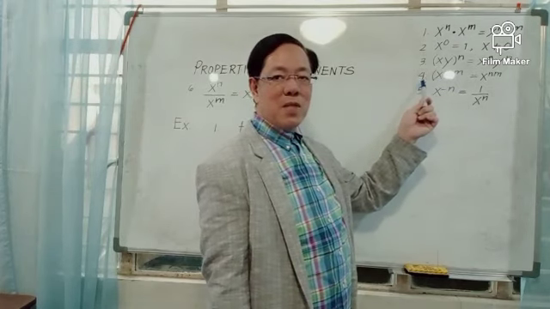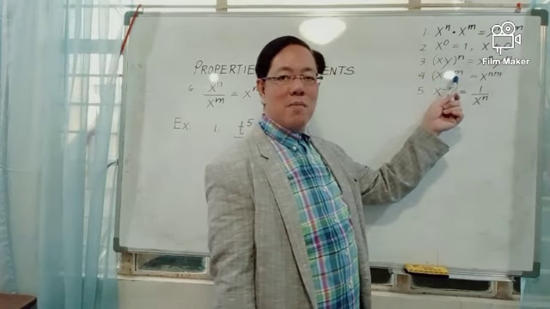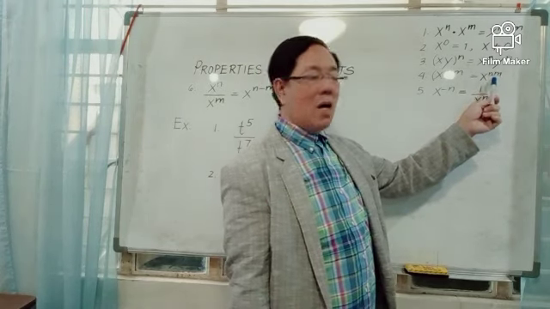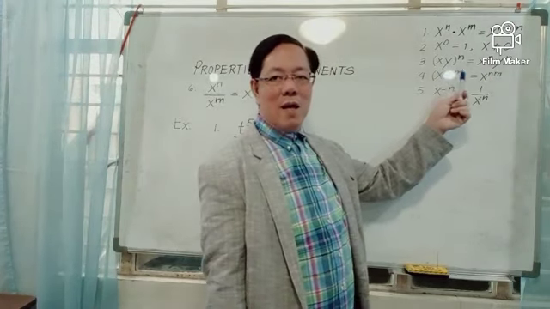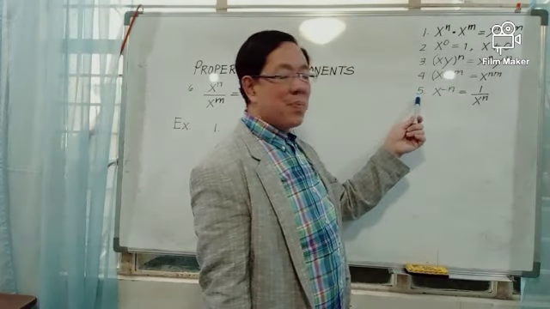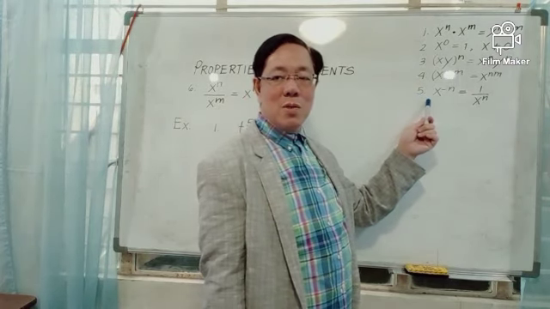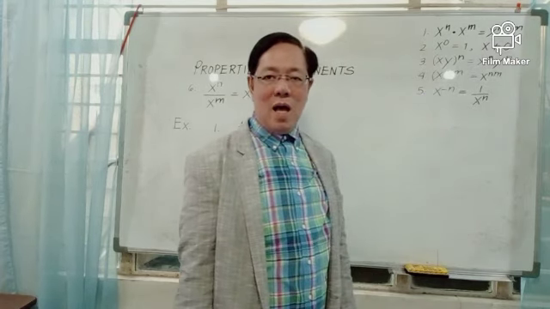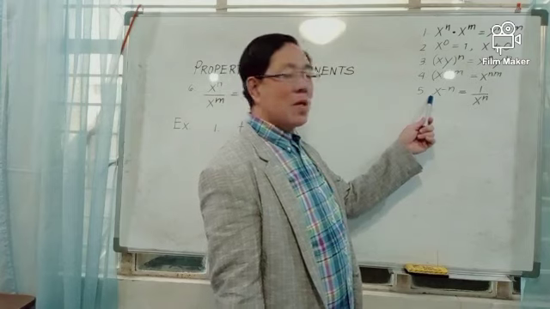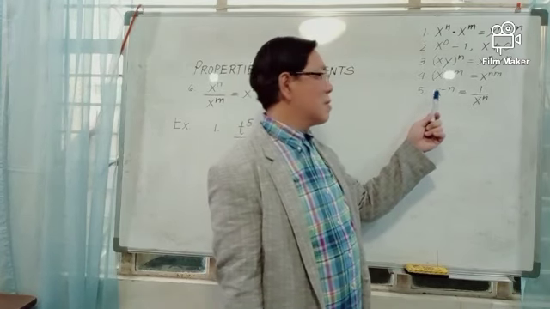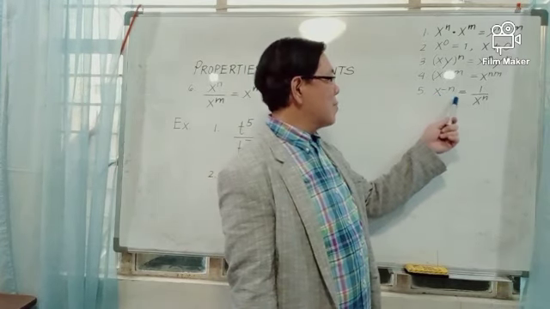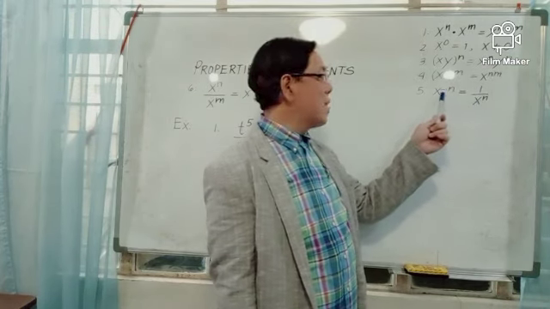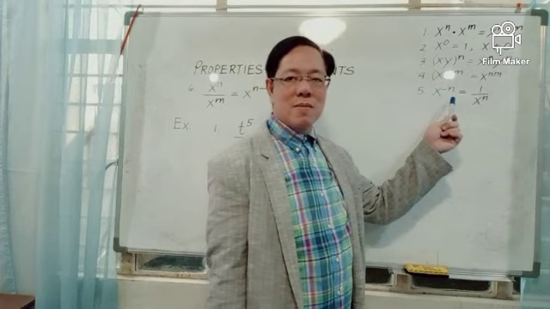And by this property, x to the n raised to m is equal to x raised to the product of the exponents n and m. The fifth property, which we can use for removing negative exponents in the final answer: if you want to remove the negative exponent of x, bring x to the negative n to the denominator, but take the opposite sign of the exponent of x.